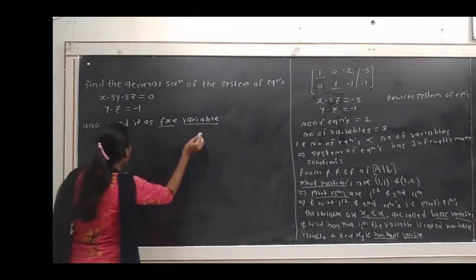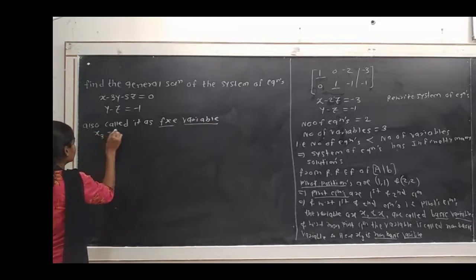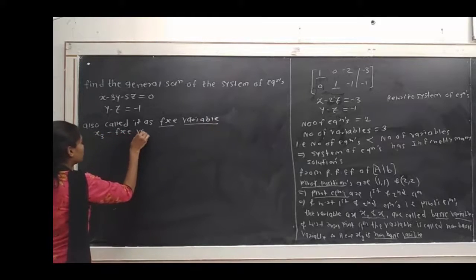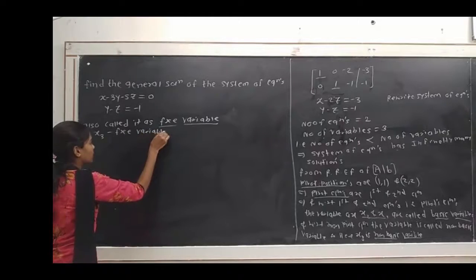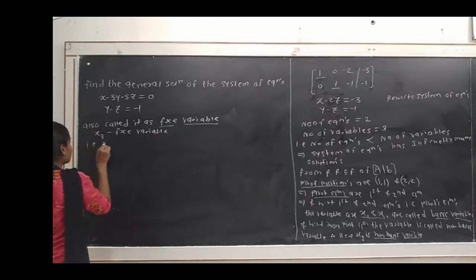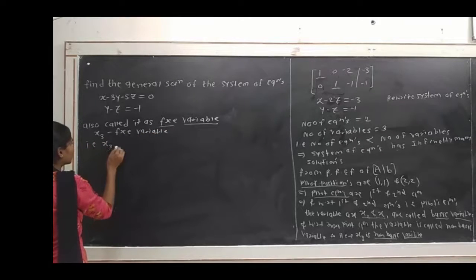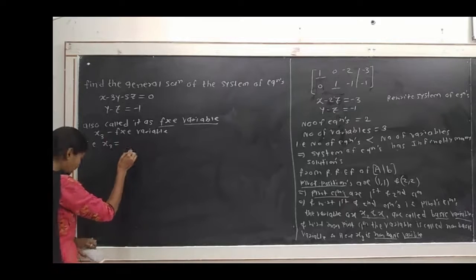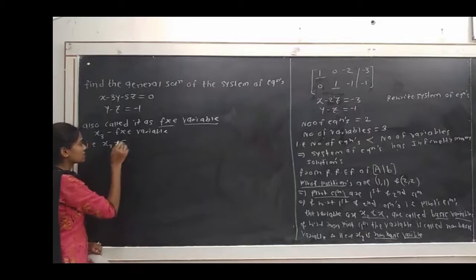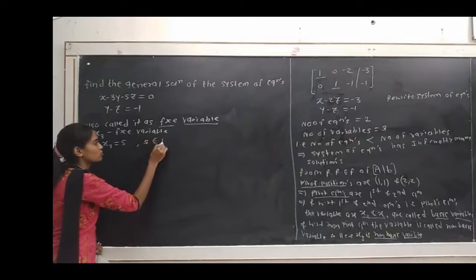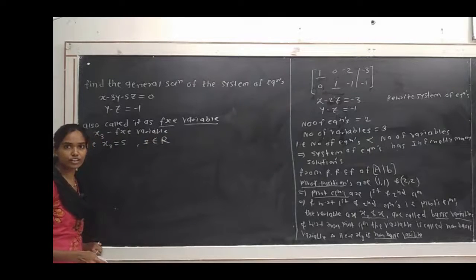So here x3 will be the free variable. That is, we take x3 equal to s, where s belongs to R, the set of real numbers.